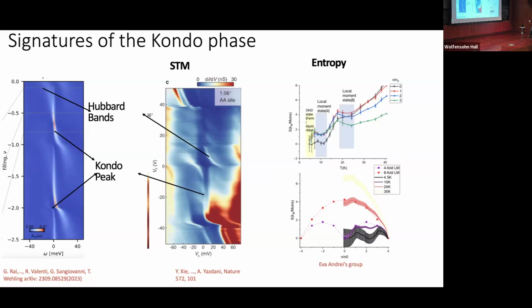But basically, in these original STM plots of Ali's, you can see the appearance of these Hubbard bands, but then you can also see things that look like the Kondo resonances.